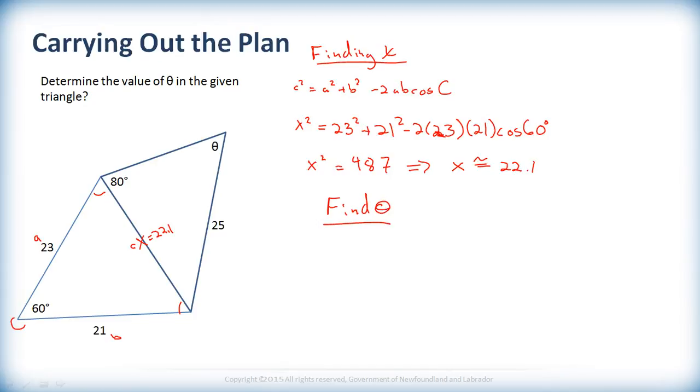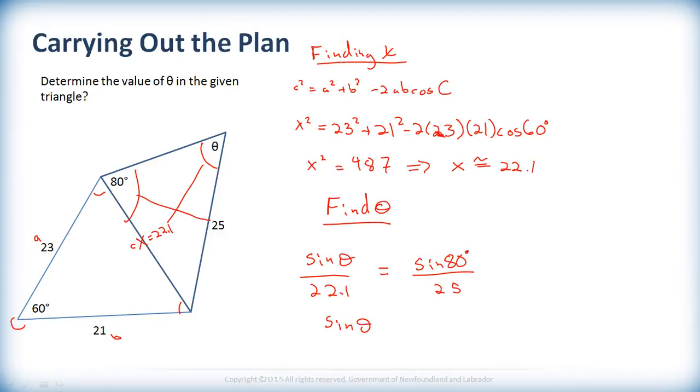And to find theta, we said we were going to use the sine law. So we've got opposites and opposites. So we're going to say that sine theta over its opposite side, which is the 22.1, is going to be equal to sine of 80 degrees divided by 25. So then sine theta is going to be equal to 22.1 times sine of 80 divided by 25.